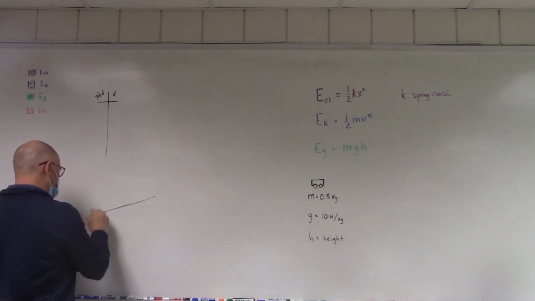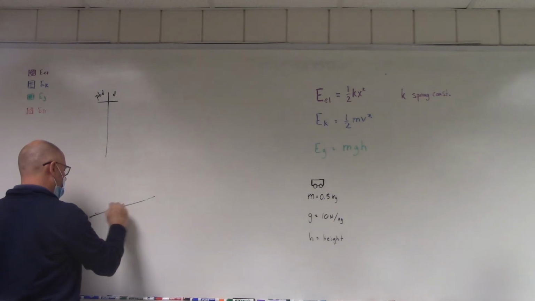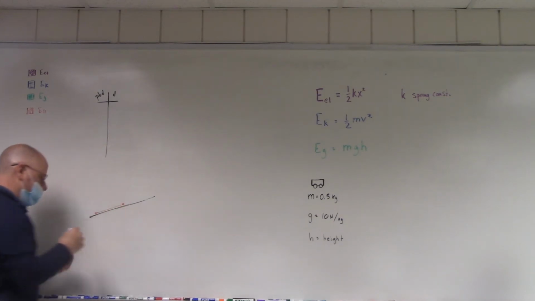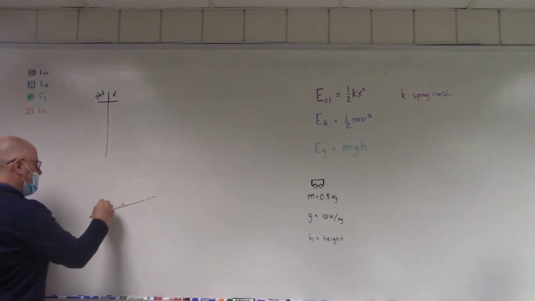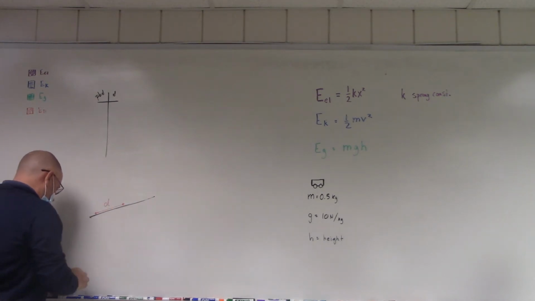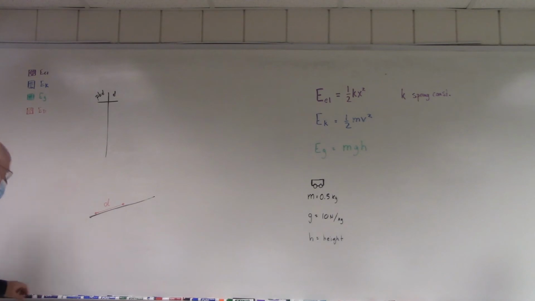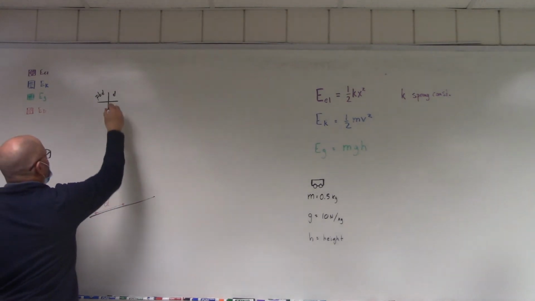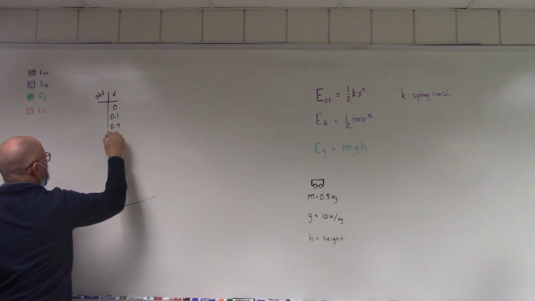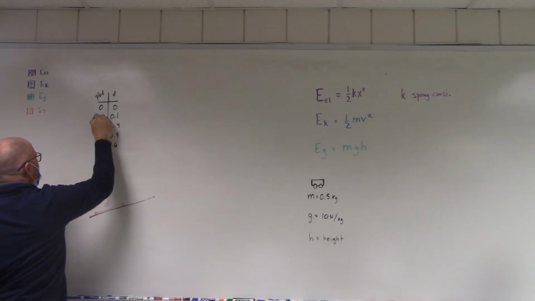So let's say the cart moved from here to here. So this is the D, the distance along the track. And then these were given to you. I think they were 0, 0.1, 0.4, 0.9, and 1.6. Is that true? Yeah.